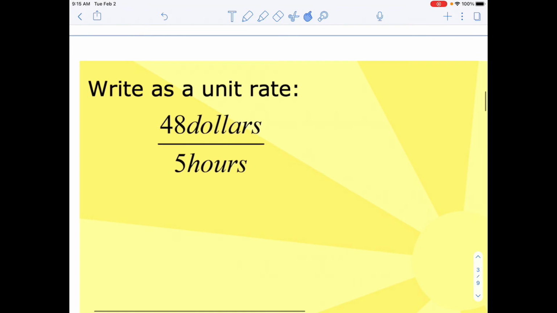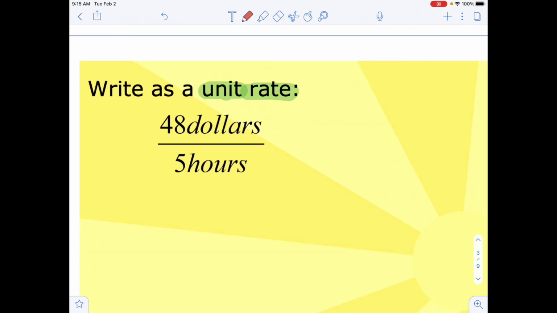The next problem says to write as a unit rate. So what we know about rates is that, especially with a unit rate, we need a 1 on the bottom, and then we need 2 labels, okay? So it's the difference between ratios and rates. Rates, we need 2 labels.